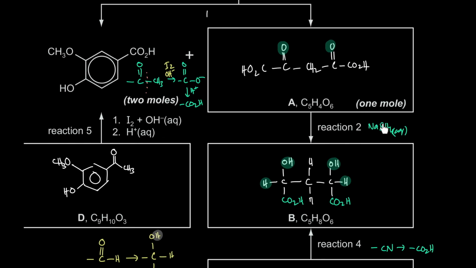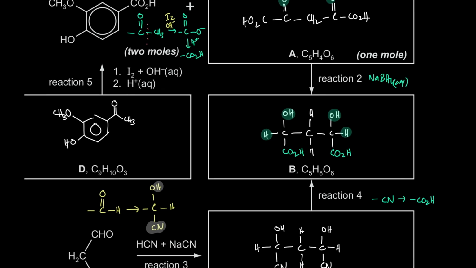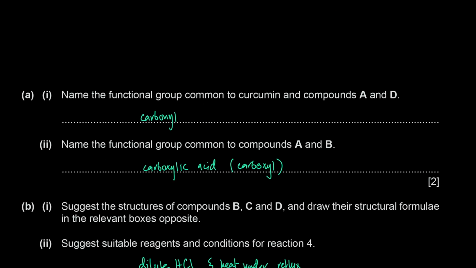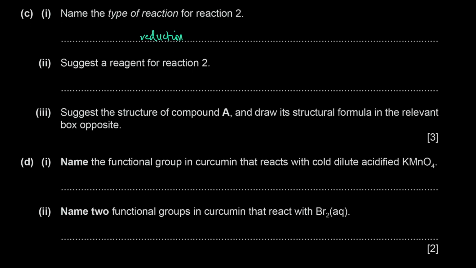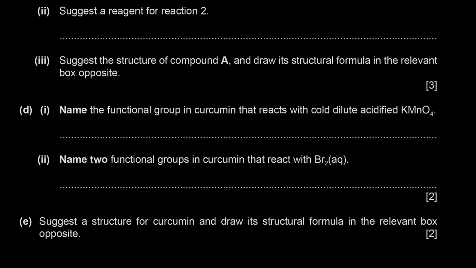Lithium aluminum hydride will reduce both ketones and carboxylic acids, so we can't use LiAlH4. We can only use NaBH4 here. So for reaction 2 we used sodium borohydride aqueous.